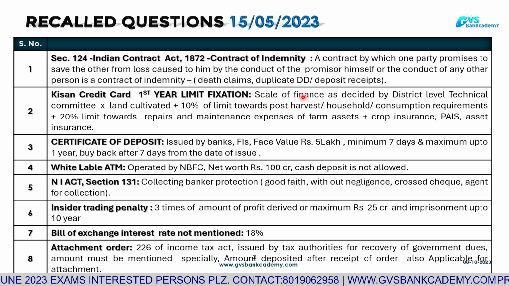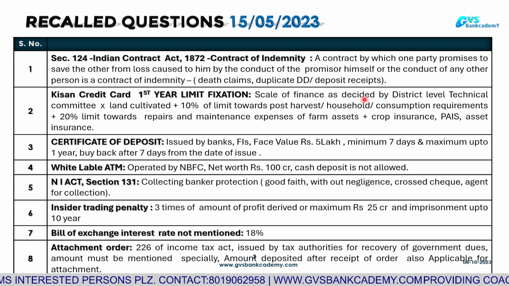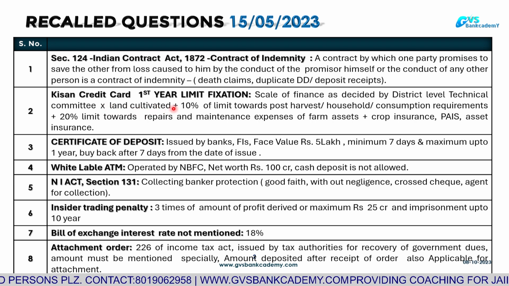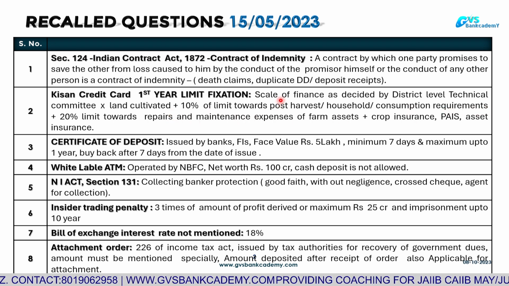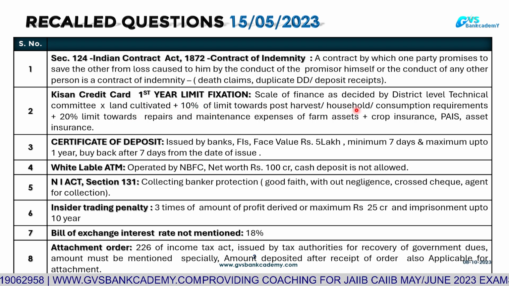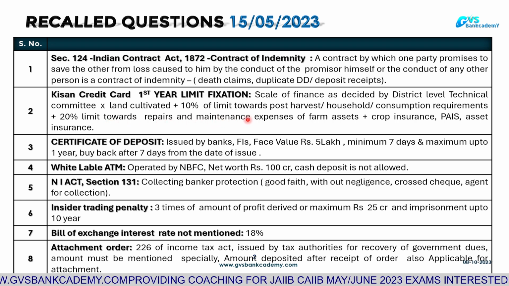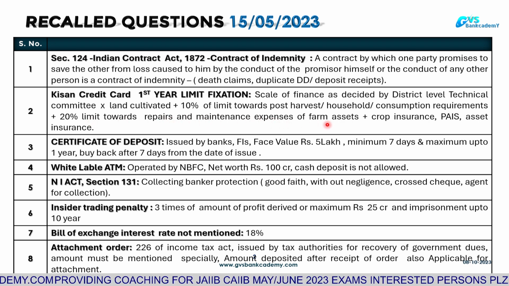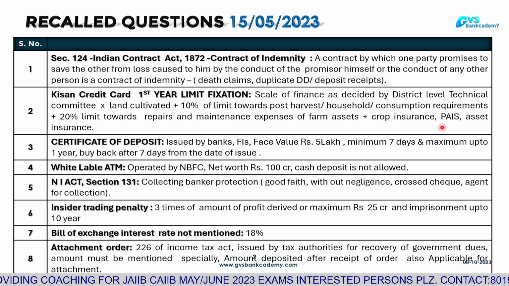Scale of finance per acre as decided by the district level technical committee, into land cultivated, number of acres cultivated, plus 10% of the limit towards post-harvest household consumption requirements, plus 20% limit towards repairs and maintenance expenses of farm assets, and crop insurance, fasal insurance, asset insurance also we can add.